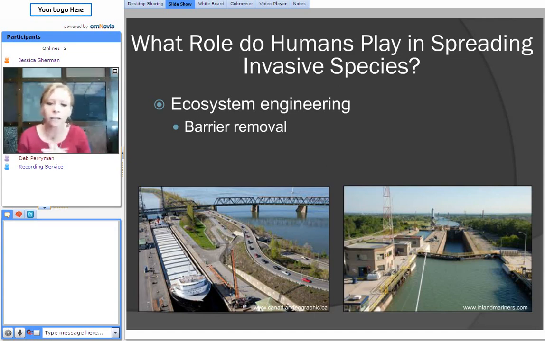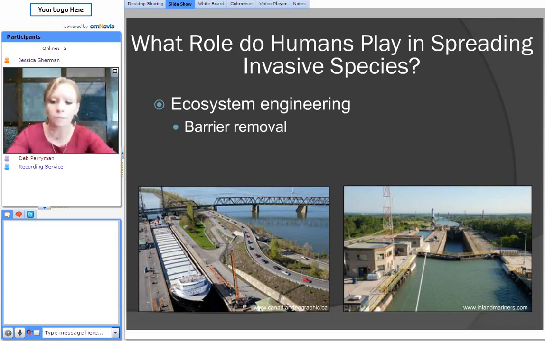So this very long canal system is a series of locks and dams that will allow ships to bypass elevation changes and a series of islands in the river. So these ecosystem engineerings and the removal of a barrier, specifically being able to bypass Niagara Falls, allowed for invasive species. And in this case, this is where the sea lamprey was able to swim through that canal system and enter the Great Lakes.